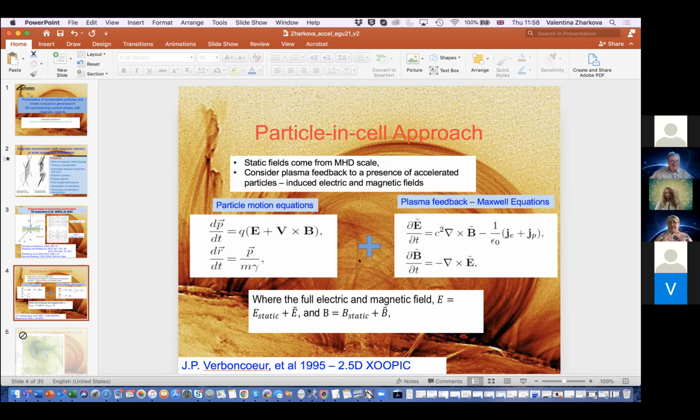Yes, I understand the particle physics is very important. My question was more on the model. Are the electric field and the magnetic field that you're writing here on the left the same, or those with the twiddle? No, these are the same, but they are added with this one.